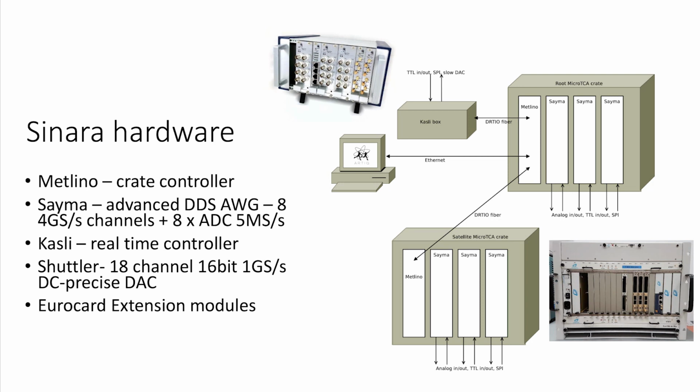So essentially, what we have is a computer which has a standard Ethernet link, which is not deterministic. And then we have a standard crate. This is a micro-TCA crate. Micro-TCA comes from ATCA. ATCA, some of you maybe know, is advanced telecommunication, something like that. And micro-TCA is micro-ATCA, which means it's micro something.